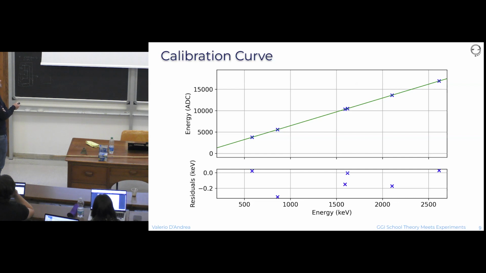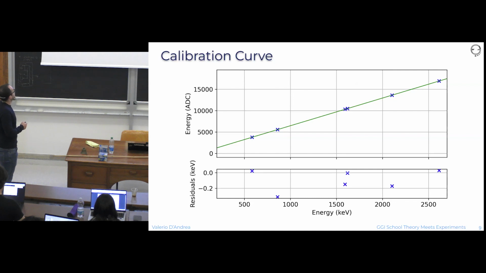This is a plot of the energy in ADC versus the energy in keV. The calibration curve is able to convert the energy from ADC to keV. Probably you would expect this in the opposite order, with ADC on the horizontal axis, but at the end it is the same.